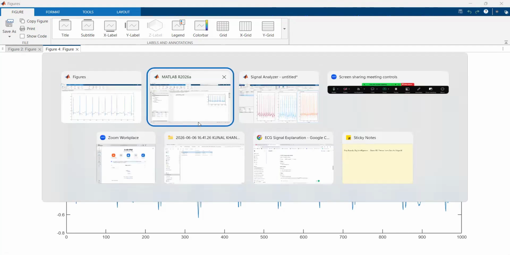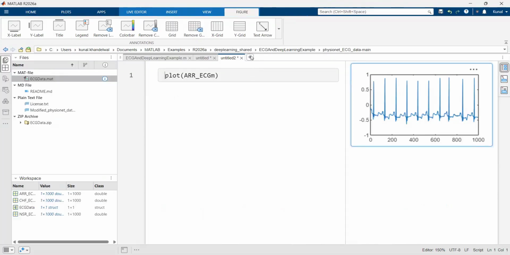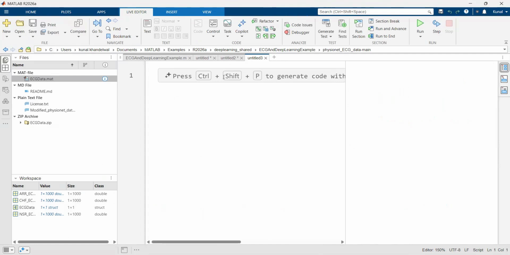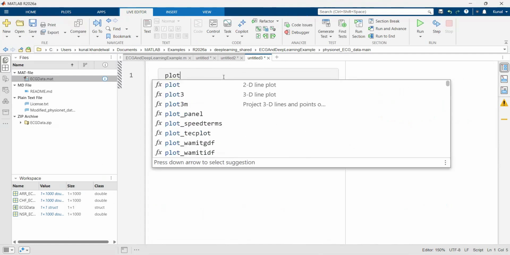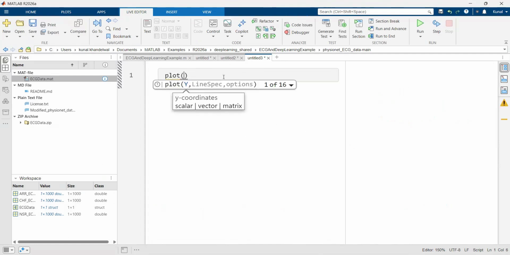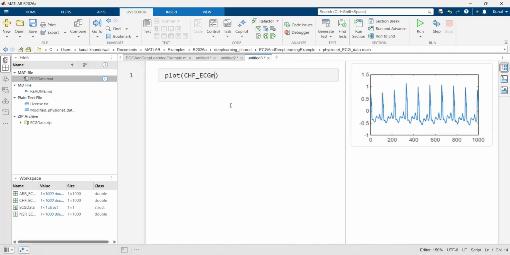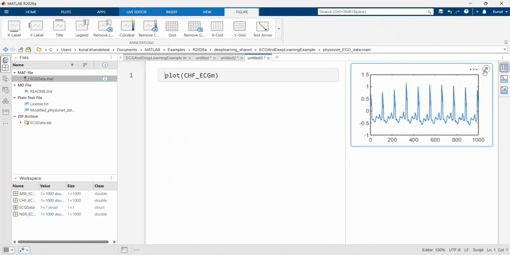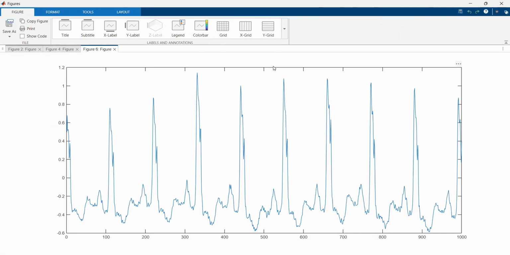What about congestive heart failure? So if I plot congestive heart failure, okay, this signal is very bad.